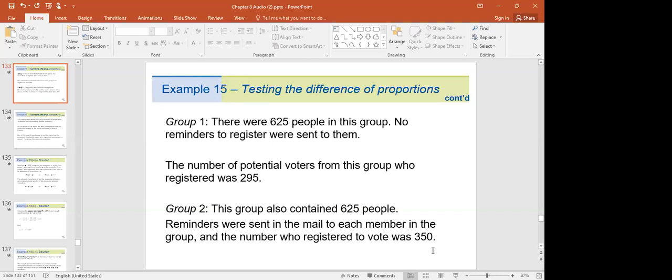X1 is the number of successes for the first group, which is 295. N1 is the sample size, 625. X2 is 350. And N2 is also 625. So we say P1 is less than P2, and we calculate.